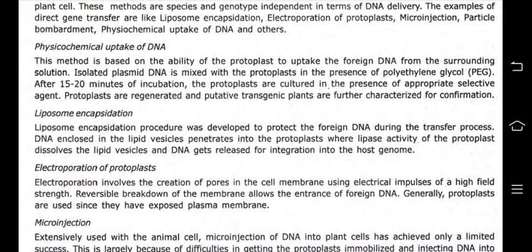Isolated plasmid DNA is mixed with the protoplast in the presence of polyethylene glycol (PEG). After 15 to 20 minutes of incubation, the protoplasts are cultured in the presence of the appropriate selective agent. Protoplasts are regenerated and putative transgenic plants are further characterized for confirmation.